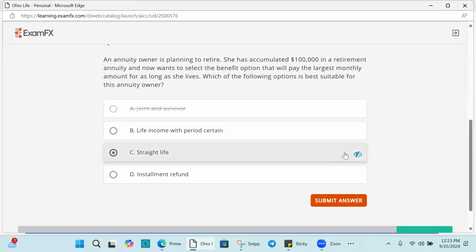No, for as long as she lives. Installment refund, life income with period certain. So I have straight life, because that's for as long as she will live, so not with period certain. I'll go with C.